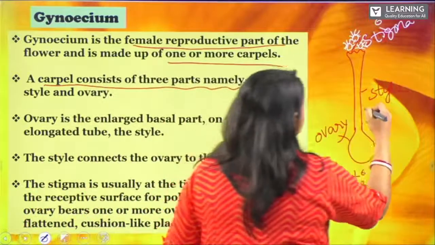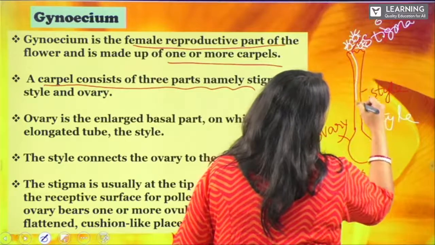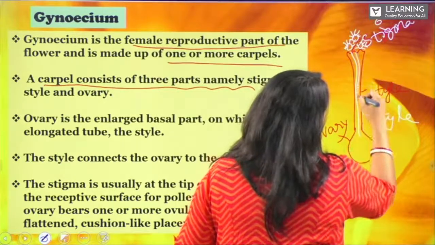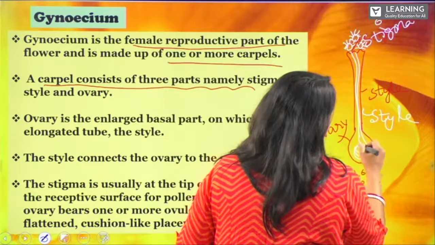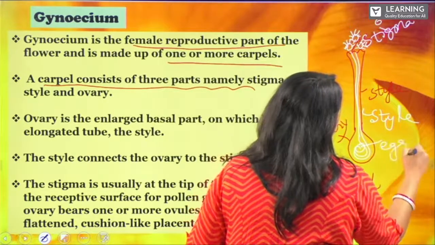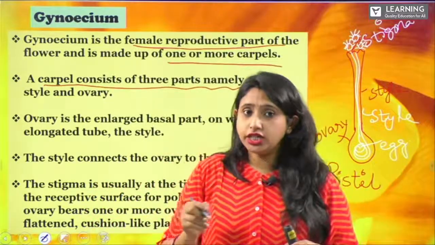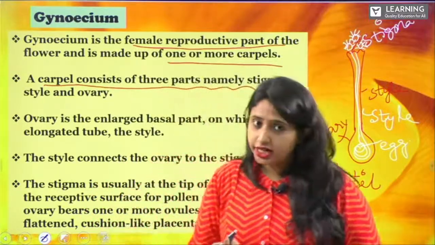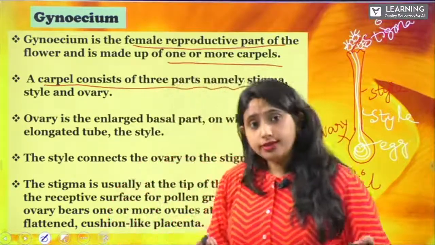So this is your style. From here the pollen tube comes and releases the male gametes into the egg or the ovary. That's how pollination takes place, and the pollen and pistil interact for the formation of the fruit or the seed.